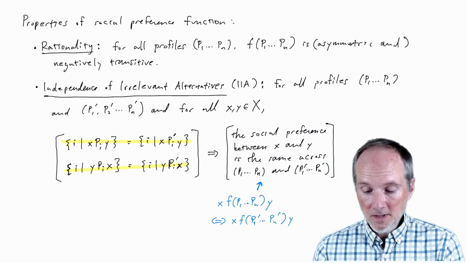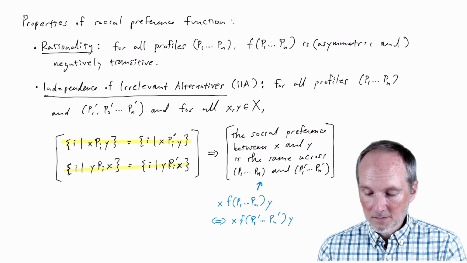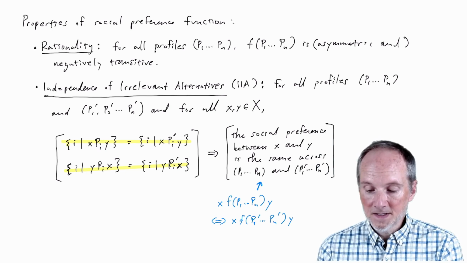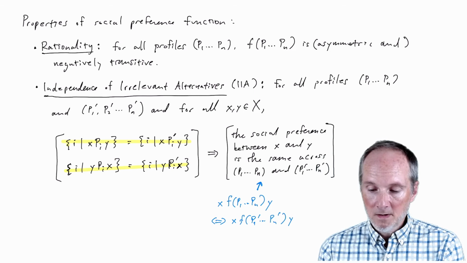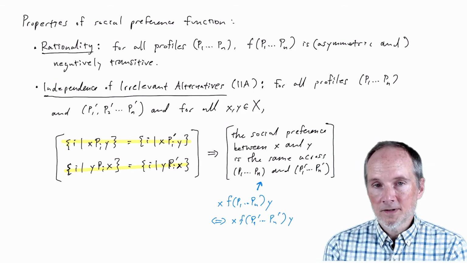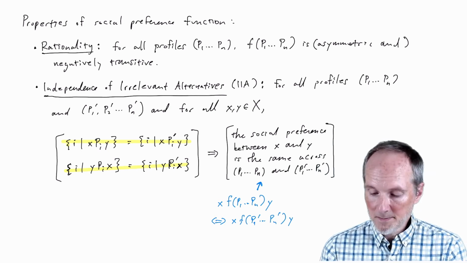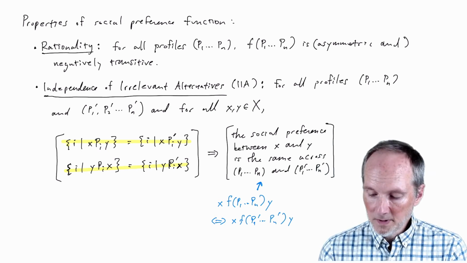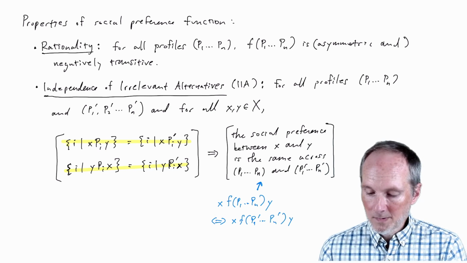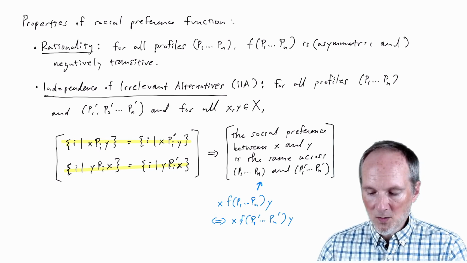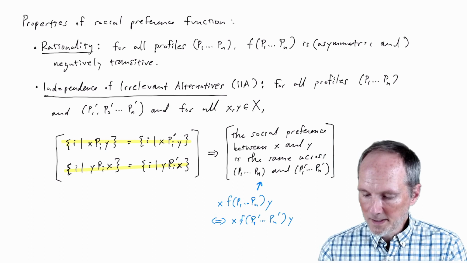Because, well, you can just kind of look. There's nothing here that says that a voting rule can't favor one alternative over another or favor one individual over another. These are more general than you might really think.